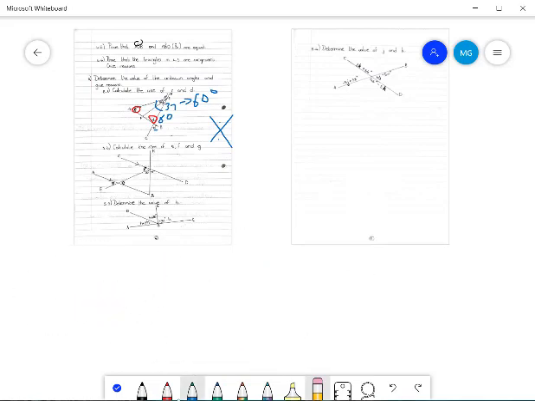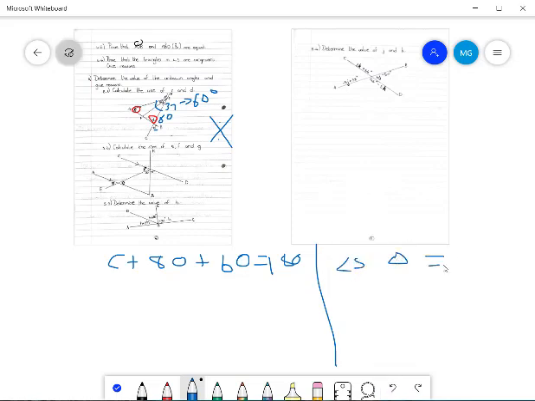Just gonna make some space for me. So I know that C plus 80 plus 60 should give me 180 degrees. Why? Because the angles of a triangle equal 180 degrees. Okay.